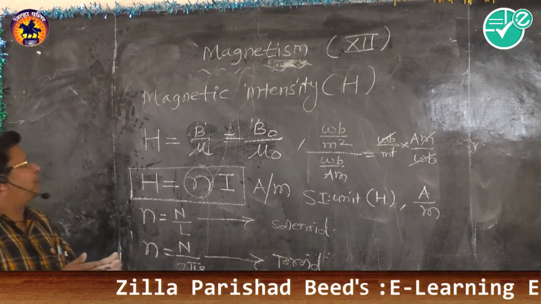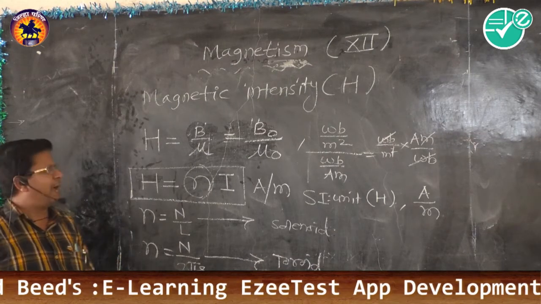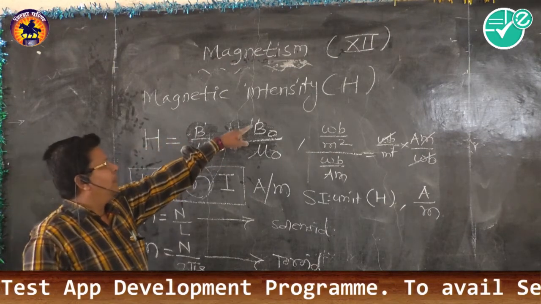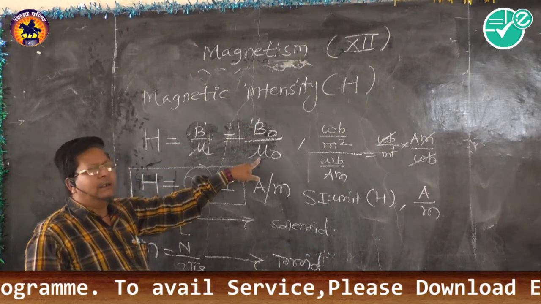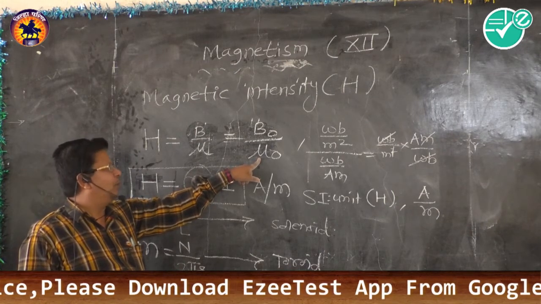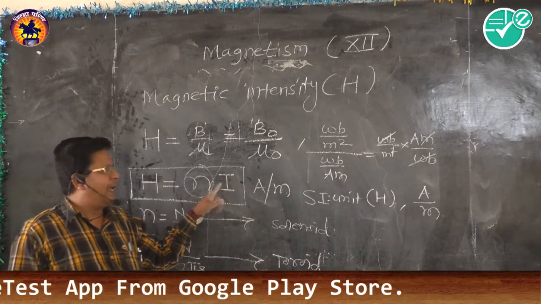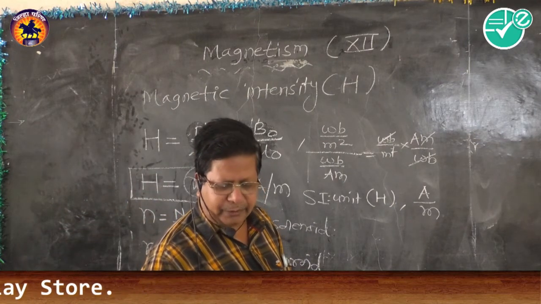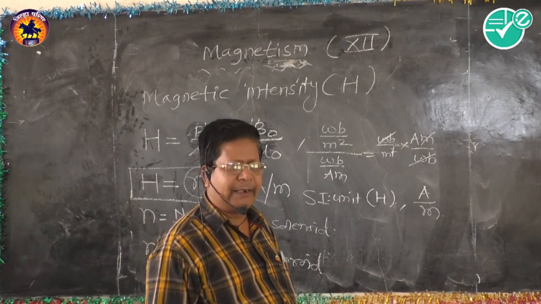So the second property of matter is magnetic intensity, and this magnetic intensity is the ratio of magnetizing field and the permeability of free space or vacuum, or it is nothing but n into I, and having same SI unit as that of magnetization or intensity of magnetization.